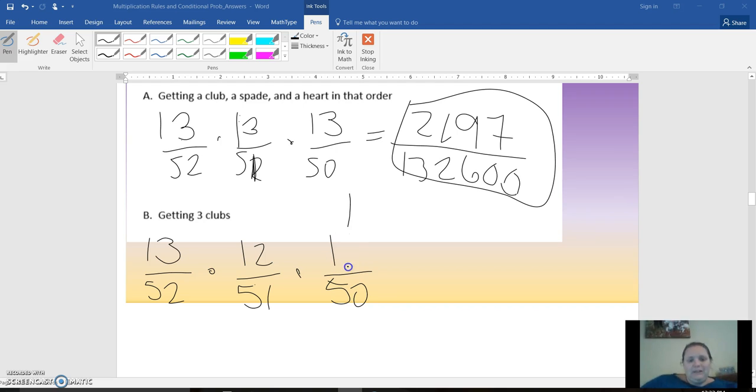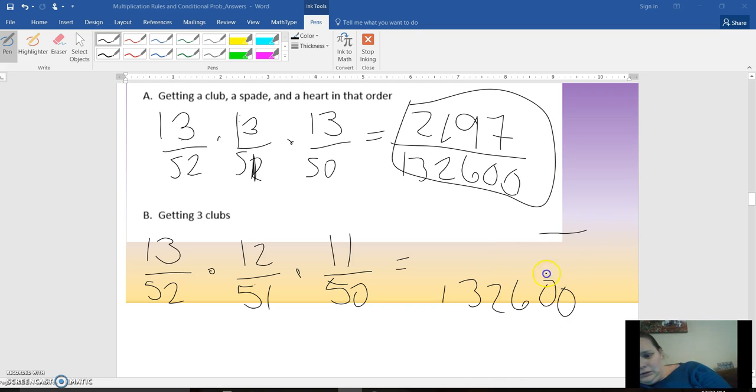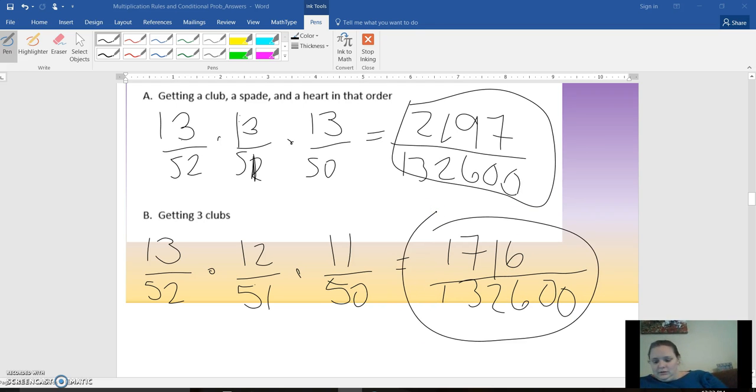Pull one club out, now we have 11 clubs. Okay, this reduces. It's not that big of a deal. Reduce that.